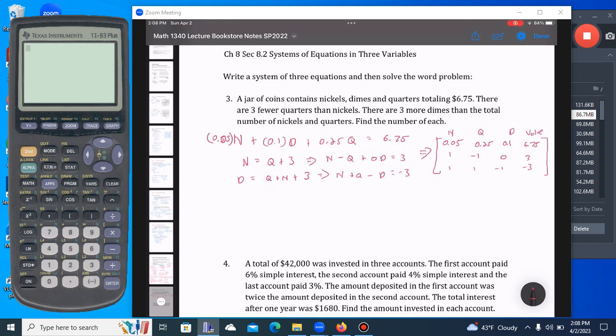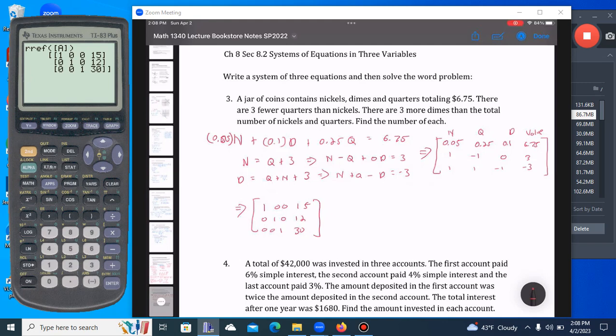And so we'll do second matrix, reduced row echelon form, and put in the matrix for A. So our solution here, we get 1, 0, 0, 15, 0, 1, 0, 12, 0, 0, 1, 30.